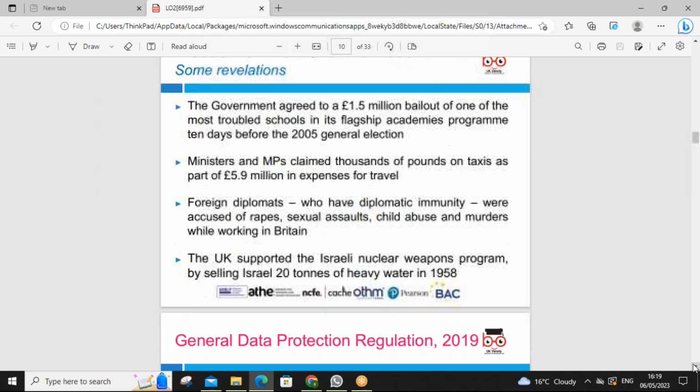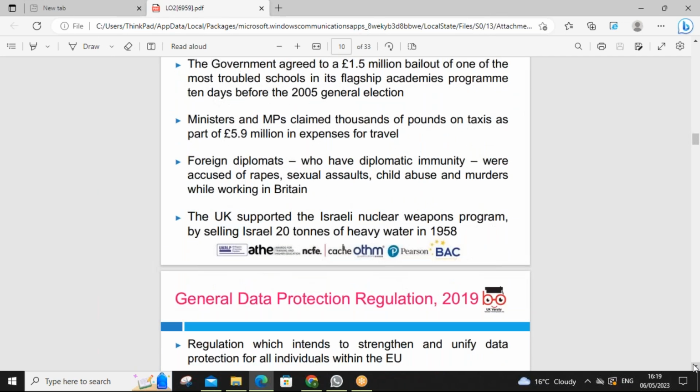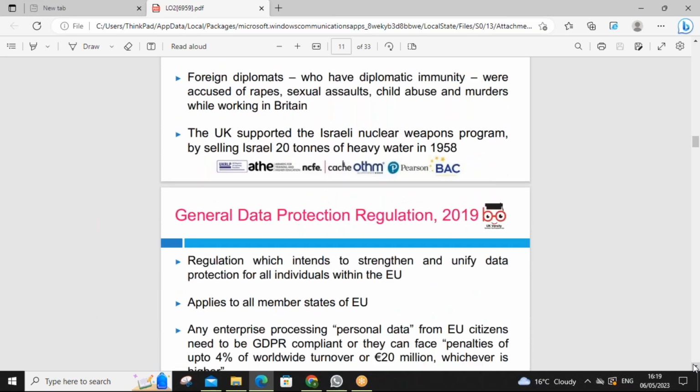All requests must be treated equally. Under freedom of information, it emerged that the government agreed a 1.5 billion bailout to one of the most troubled schools in the flagship academy program, days before the 2005 election. Ministers and MPs claimed thousands of pounds on taxis as part of 5.9 billion in travel expenses, so they were investigated.